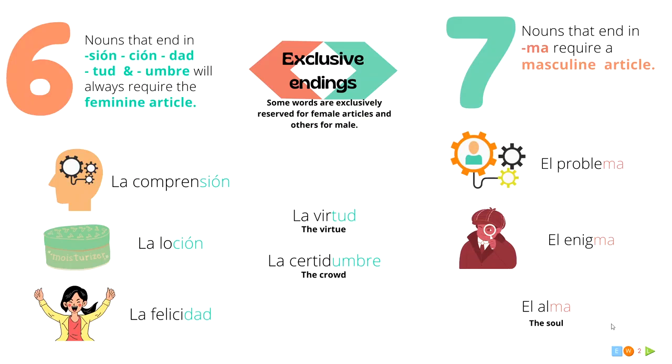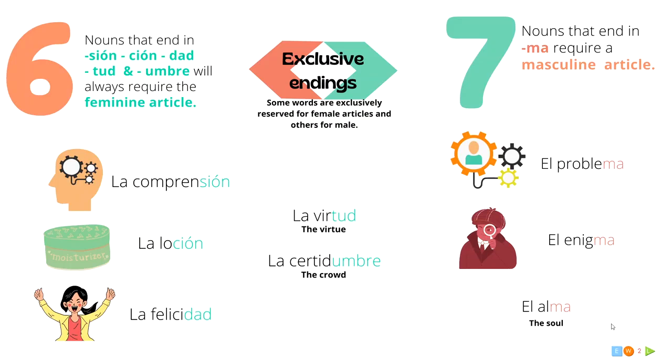La certidumbre. Actually, I apologize, I think I made a mistake with this word. La certidumbre is certainty. The crowd, which it says there in English, is muchedumbre. It's a similar word, but I'll add a note on that.